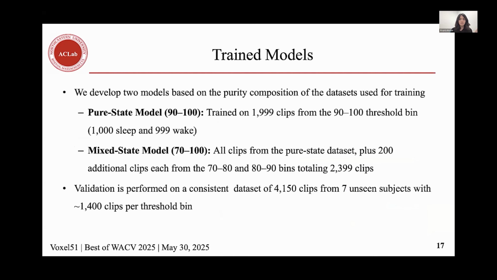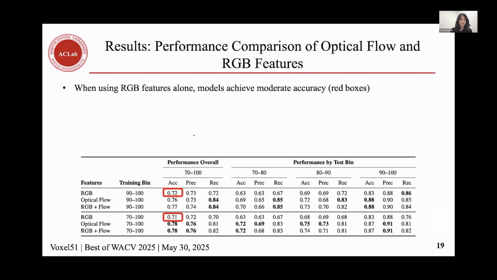So let me briefly go through our results here. We looked at several different models to understand what is the most informative feature in truly capturing the sleep and wake states.